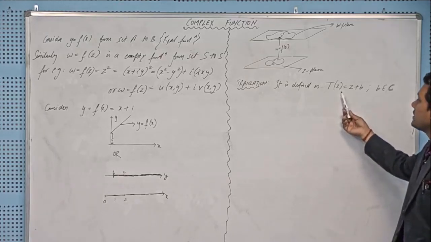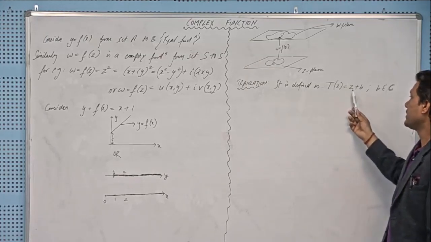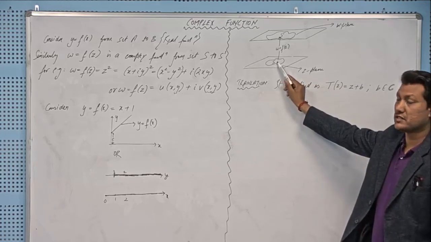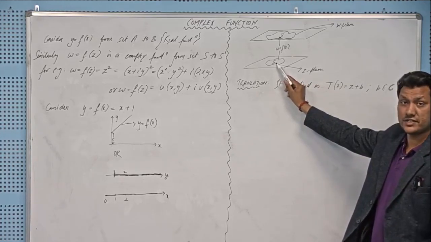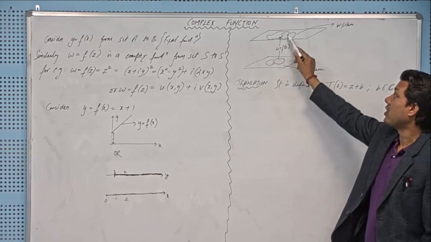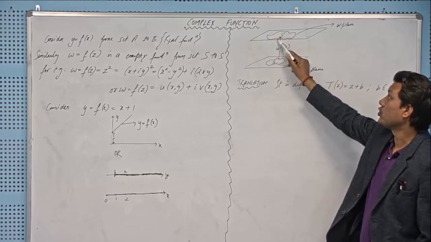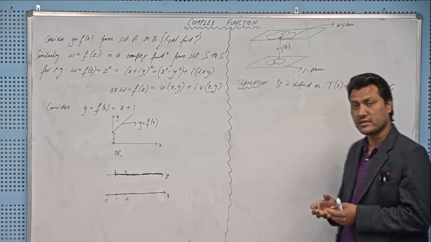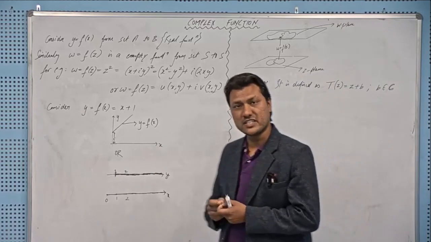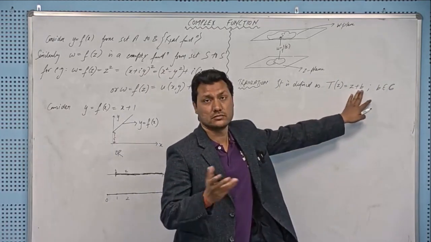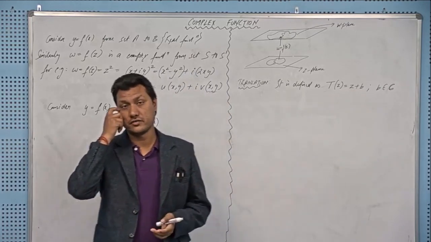This mapping, Tz, translation mapping, translates each point z naught of the domain set S, right, to the point Tz naught of the codomain set S dash, right? Means every point of the domain S gets translated by the same amount, and that amount is equal to the vector b, right? B is a complex number, so I can call it a vector, right?